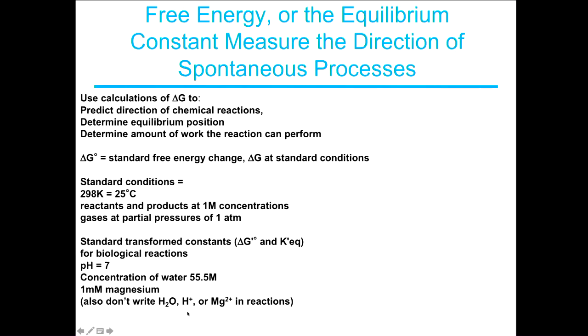And another thing that some of you already noted earlier in this class is we often don't write down specifically how many water molecules or protons or magnesiums might be in that particular procedure.